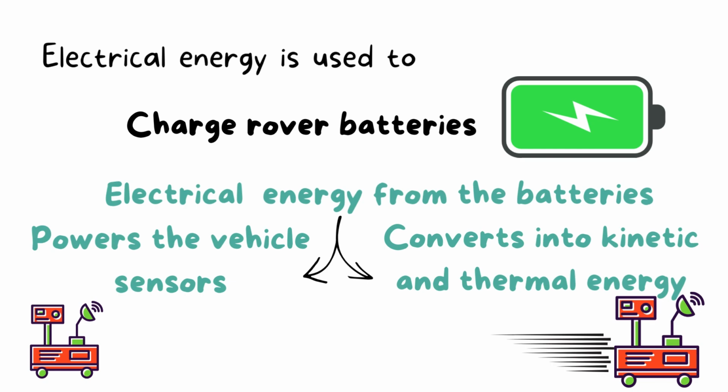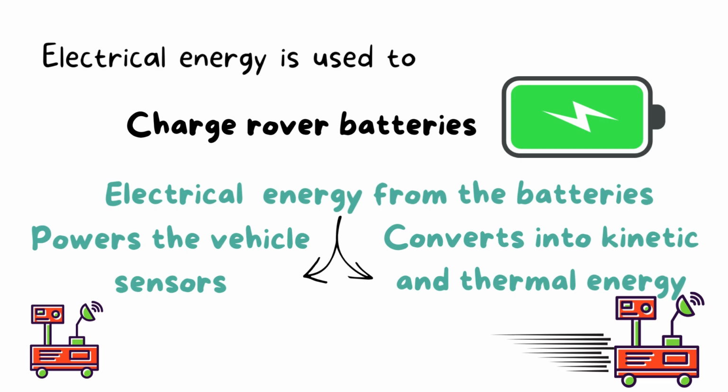So this is kinetic energy, and to make the sensors operate. Okay, so we can discover planet Mars. This is a quick revision about what we said about the Curiosity, as it converts the solar energy into electrical energy that's used in recharging batteries and moving and discovering Mars.